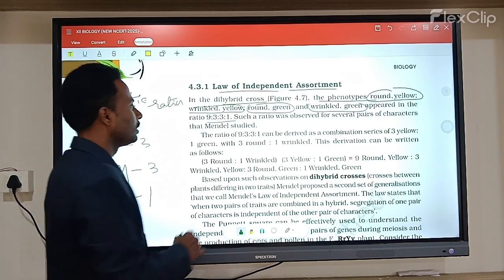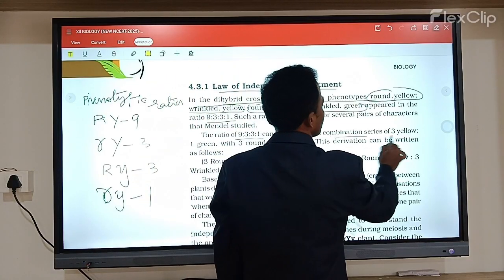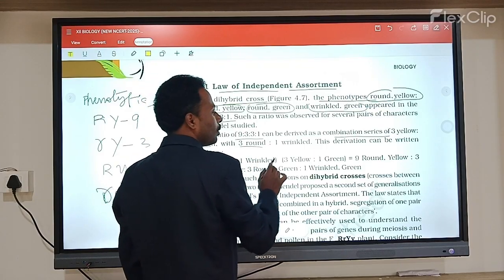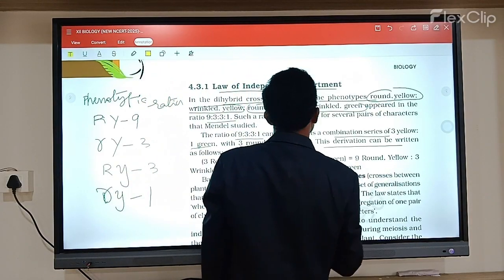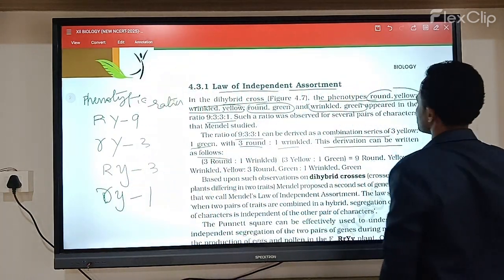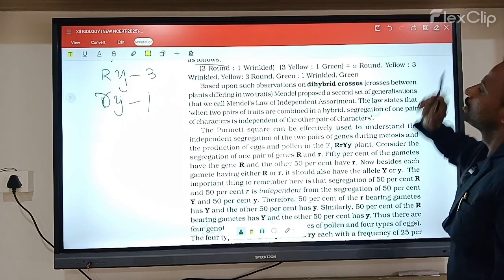The ratio 9:3:3:1 can be derived as a combination of the series of 3 yellow to 1 green, and 3 round to 1 wrinkled. Let us see that derivation in the dihybrid cross.